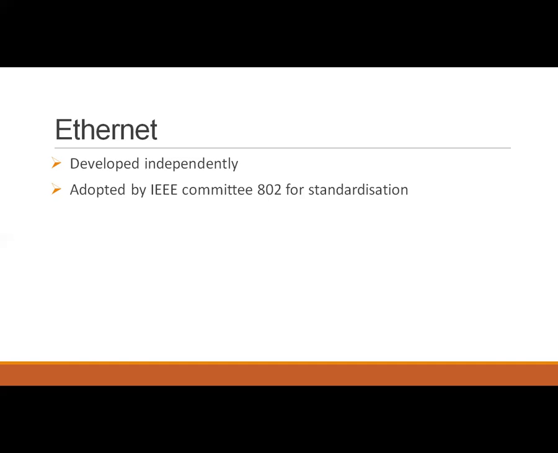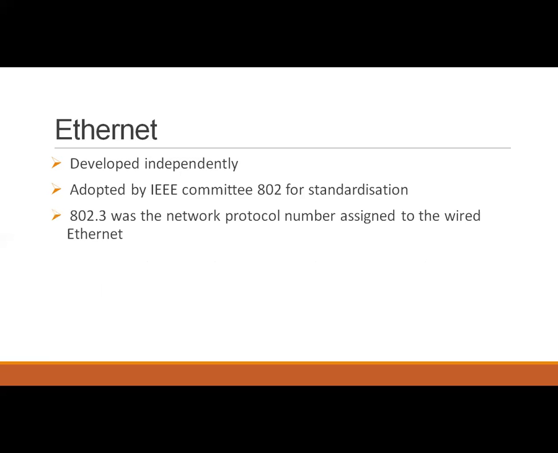Later on, the different variants, different versions of the Ethernet protocol emerged. The wired protocol is 802.3, and if you ever have checked the back of your Wi-Fi router, the wireless protocol is 802.11.